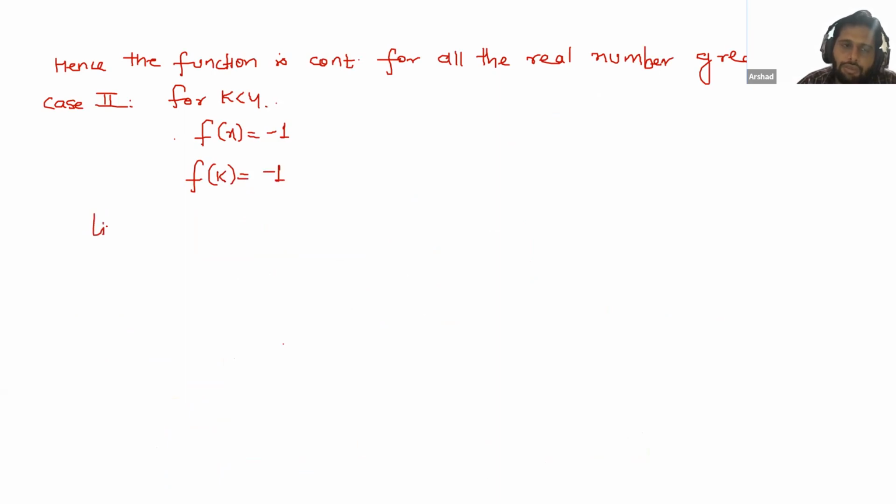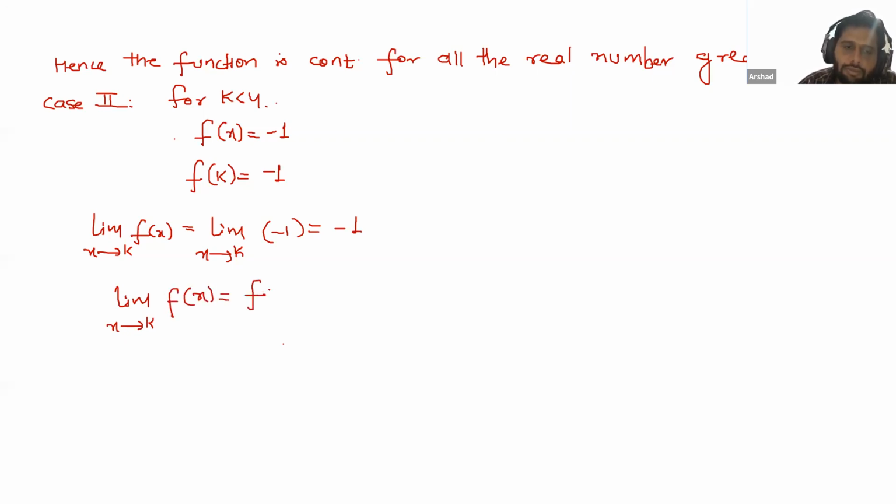We will find the limit, limit x tends to k f(x). So for this limit also, we will choose the second function only, which is -1. It will give us -1. So limit x tends to k f(x) is equal to f(k). Okay.